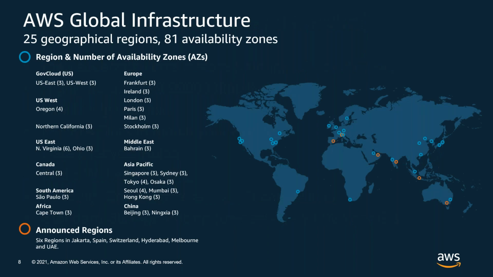So let's talk a little bit about some of the infrastructure behind S3, right? So we've got to start at the top. We'll start really high level here. So many of us know about our global infrastructure, and I'm just going to do a quick refresher here. So we currently have 25 geographical regions throughout the globe. We've got 6 in the works, and each one of these regions now has a minimum of at least 3 availability zones.